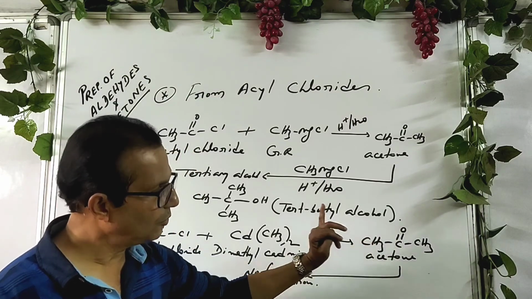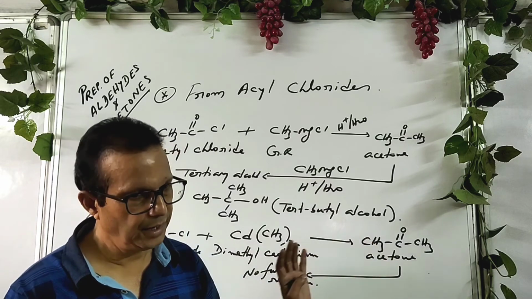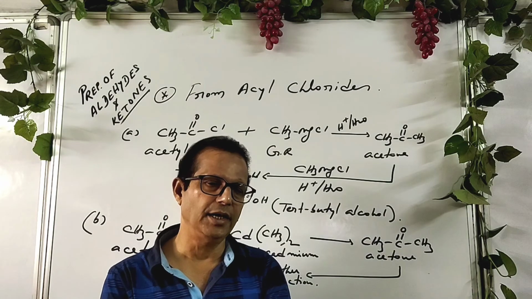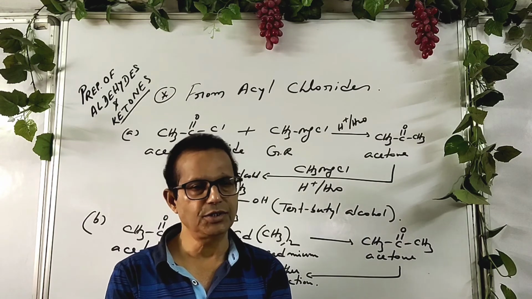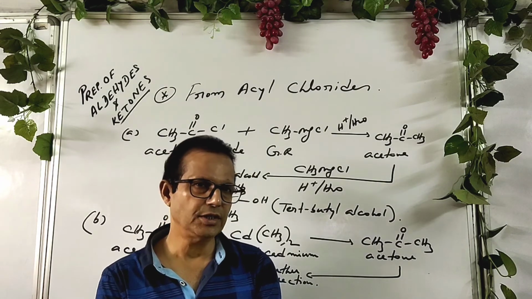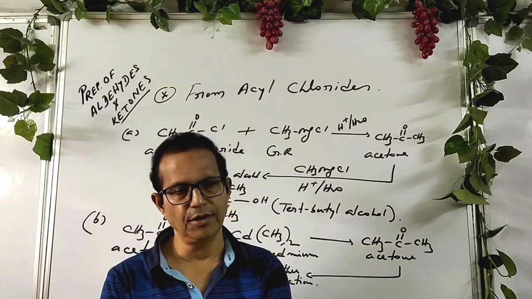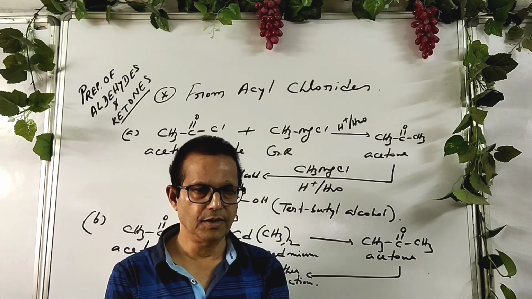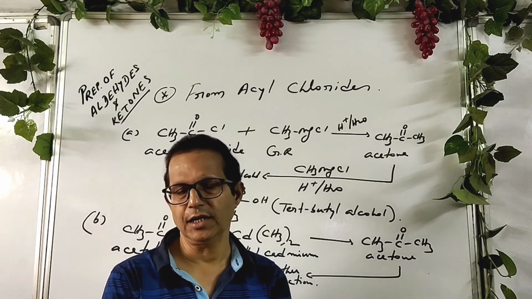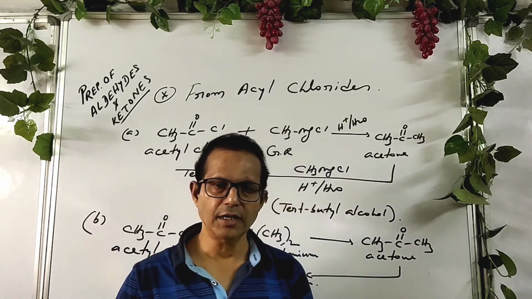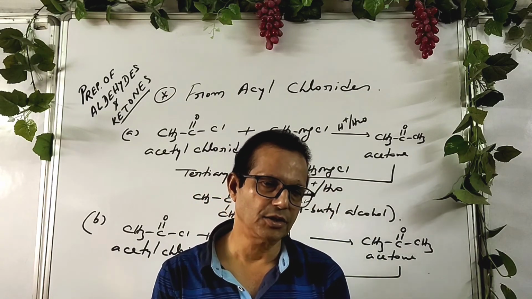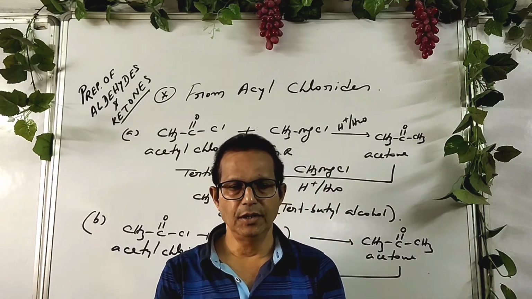That's why we get only acetone. Hence, this reaction with dialkyl cadmium is mostly used in industry. So it is a commercial method of preparation of ketone. Clear?